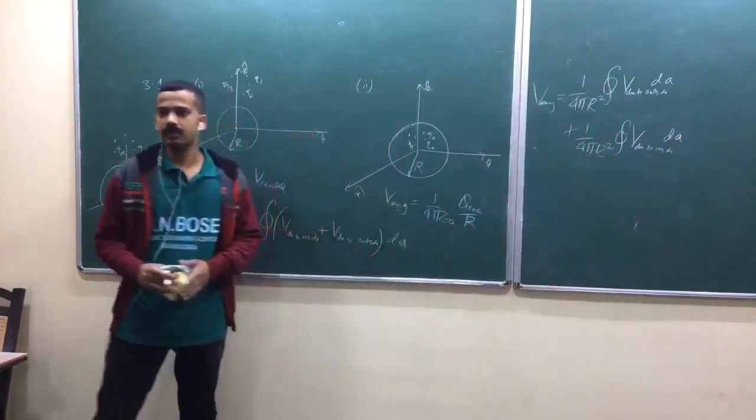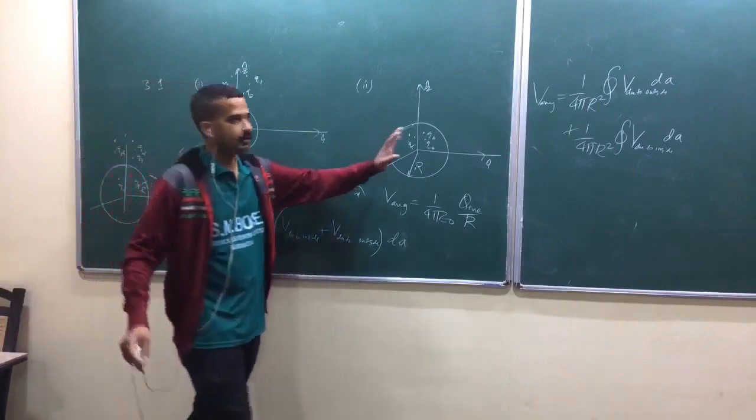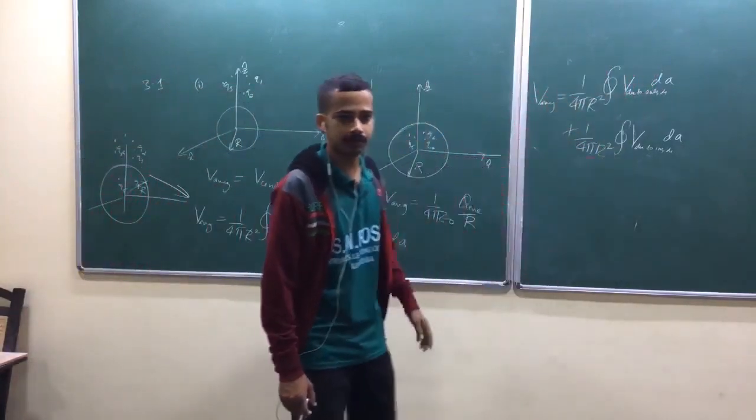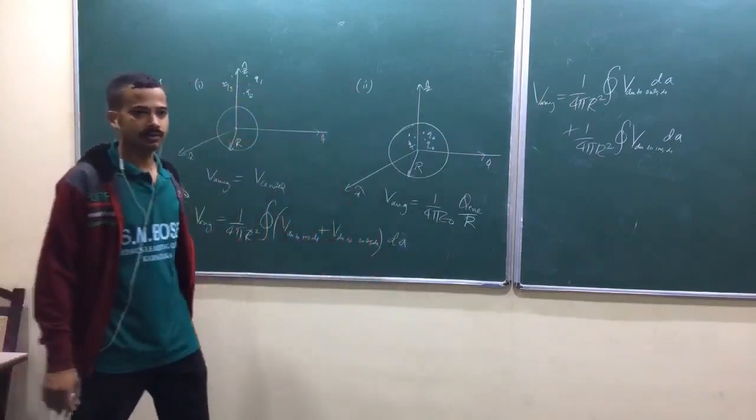Again, what I have written is the total average as the average of the potential due to outside charges plus the average of the potential due to inside charges.